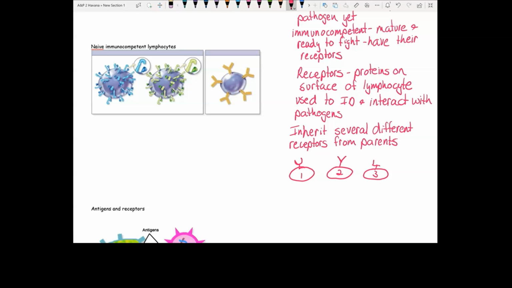It has a receptor like this. The shape of your receptors is from your parents. So you have a variety of receptors, each on a different lymphocyte, that you inherit from your parents. These receptors are what you use to identify and fight the pathogens.